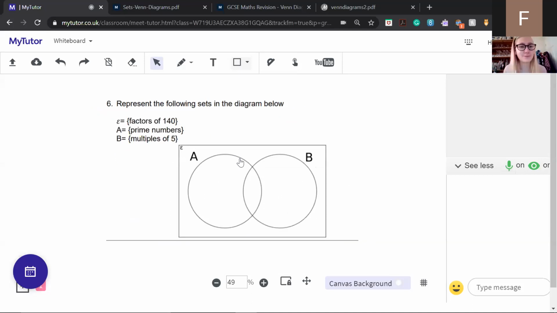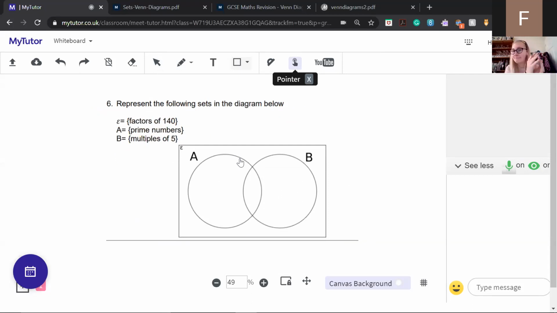So here, these curly brackets mean a set. So when it says curly brackets, factors of 140, it means the set of all the factors of 140. That's all that means. So 1, 2, 3 is a set. 10, 20, 30 is a set.